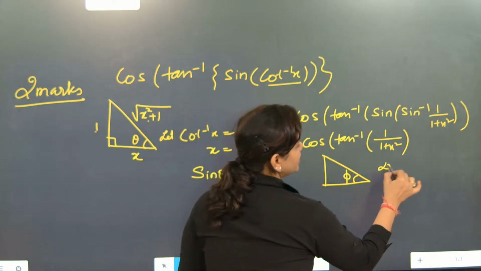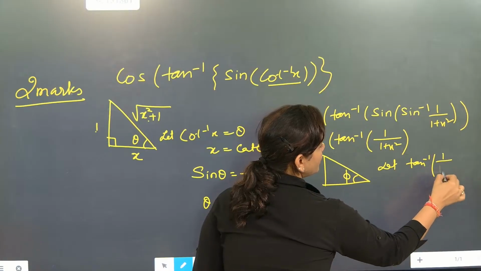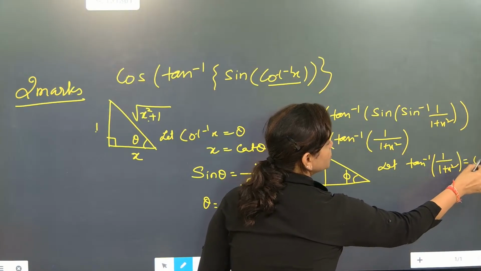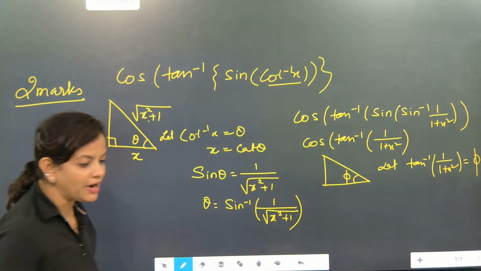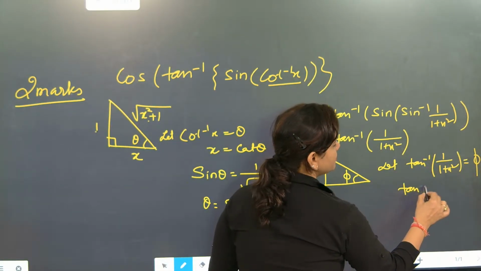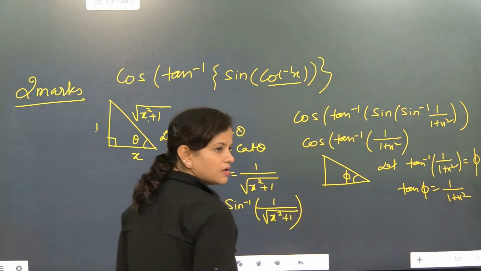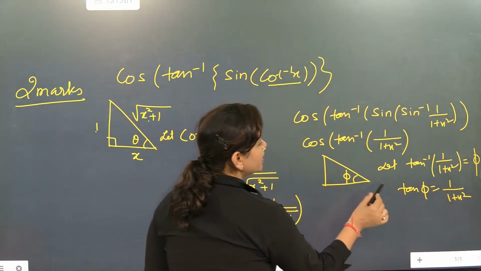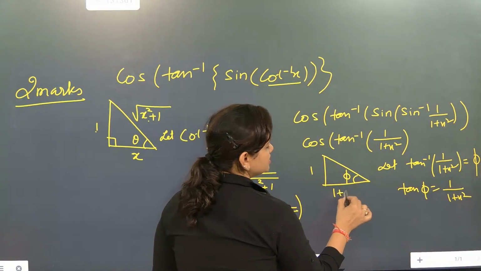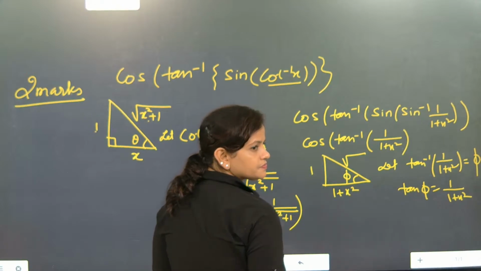Let tan inverse 1 by root of 1 plus x square be equal to phi. This type of pattern question, please kindly solve and keep with you. If it shifts, it will become tan phi is equal to 1 by root of 1 plus x square. Done. So now tan phi: here perpendicular is 1, base is root of 1 plus x square. Then what will be the hypotenuse?